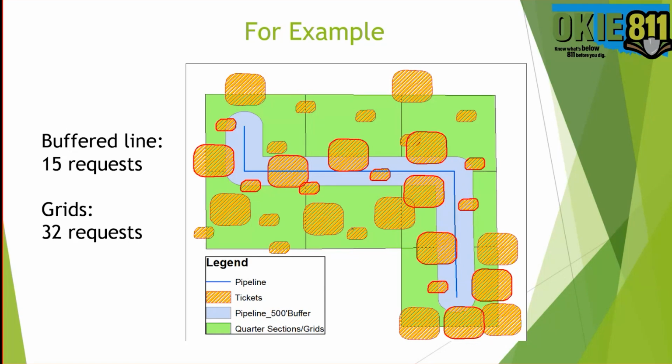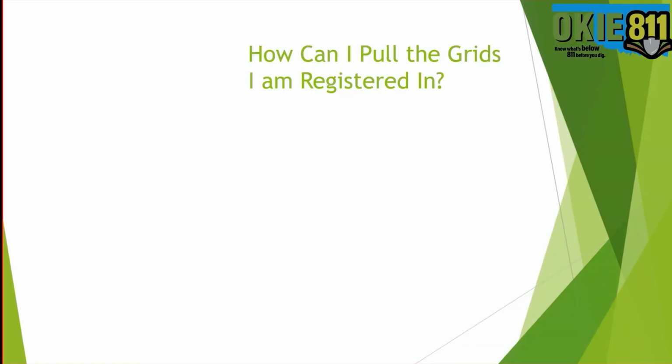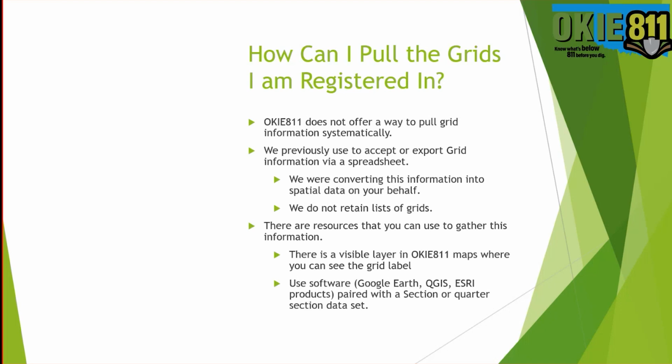So on the concepts of grids and sections and quarter sections, how can I pull the grids I'm registered in? Oki does not currently offer a way to pull grid information systematically. In the past, we did used to accept or export grid or legal description information via a spreadsheet.